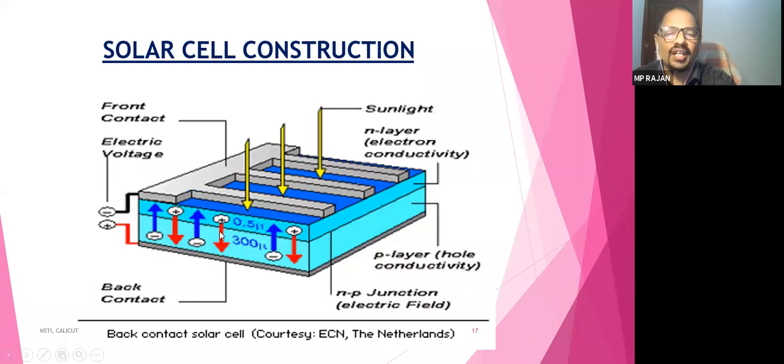Okay, so this is the construction. You may have some doubt about why the N-type semiconductor is thinner, and why the P is thicker. Why is it thin? Actually, this light is required to act on the junction, where the depletion layer is. If you make this thick, the intensity of the light will be less. Passing through such a thick N-type to reach here, its intensity reduces and it gets diffused. So we want the maximum intensity of light to be applied, to be acted on the junction.